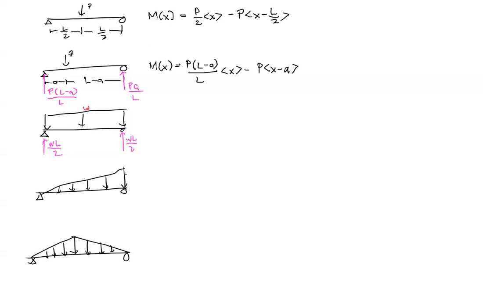So yung line load would have a moment function to be equal to WL over 2 times X. Tapos, recalling yung nangyari kanina. Ano ba nangyari kanina? Meron kang minus W X squared over 2.